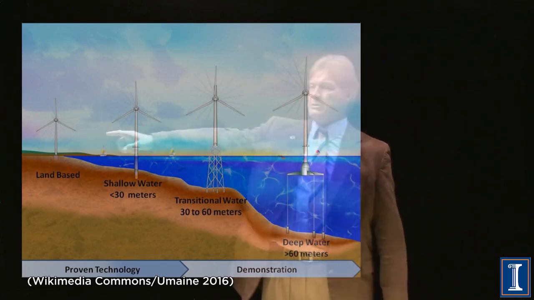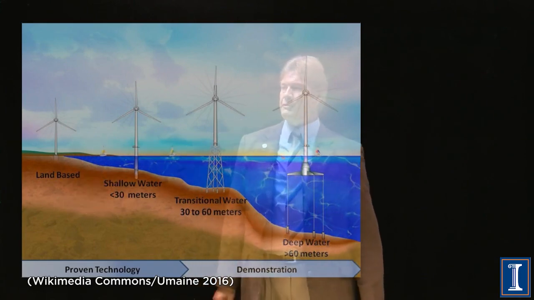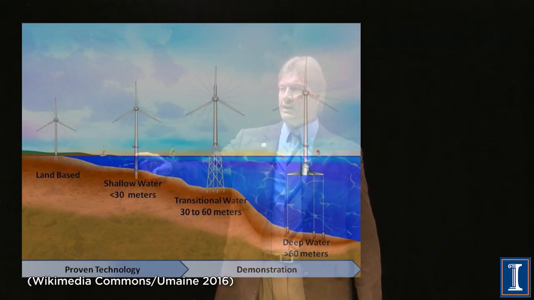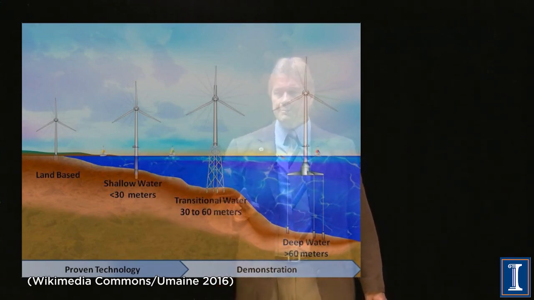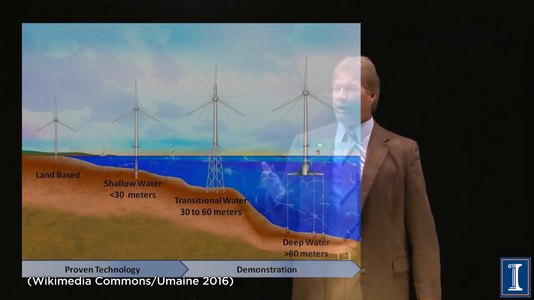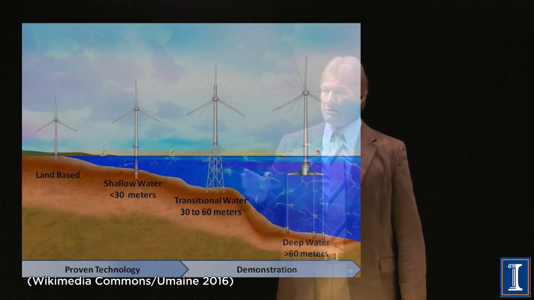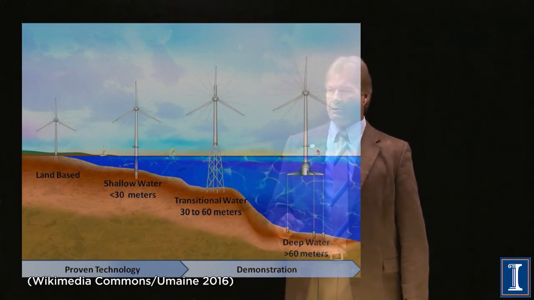If the water is not there, you just dig your foundation into the ground. If the water is shallow, you pretend the water isn't even there and you do it the same way. As the water gets deeper, you have to recognize that the water force flowing through is going to be a problem. So you're going to have to put in some more intricate flow-through type tower structure.